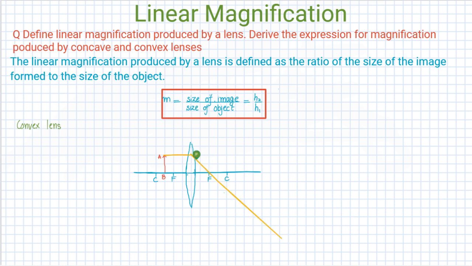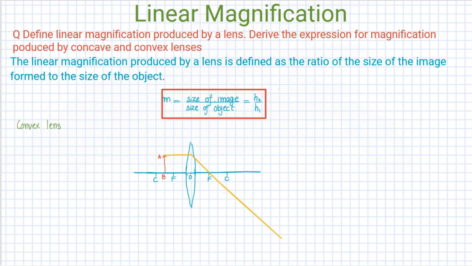Now let us consider another ray. This ray also starts from the point A, but it passes through the optical center. Optical center means the center of the lens, this point, right?